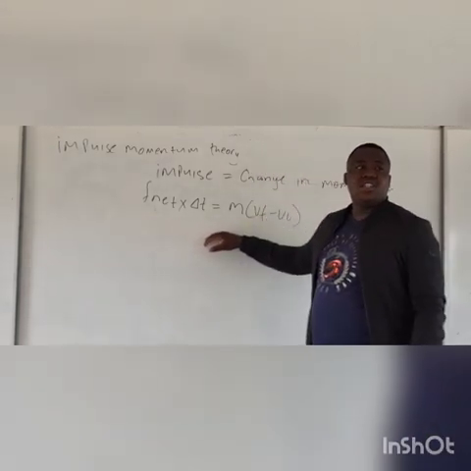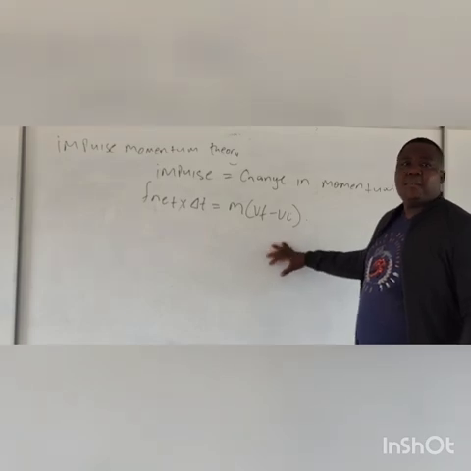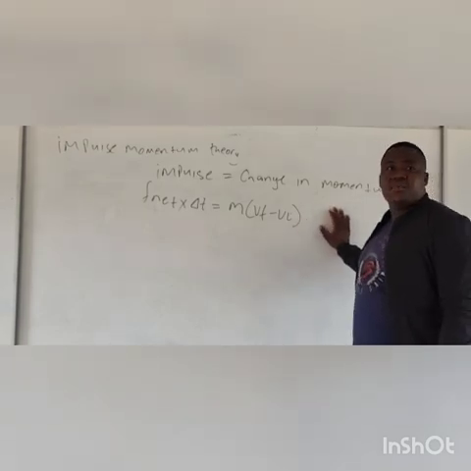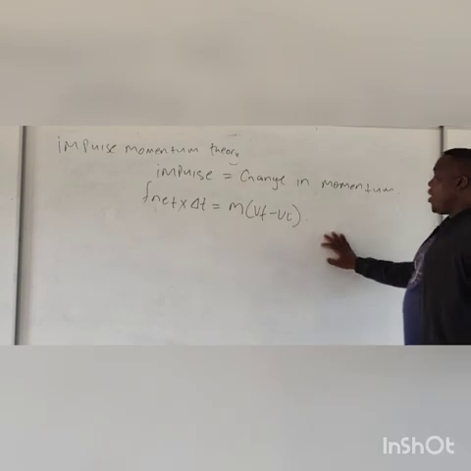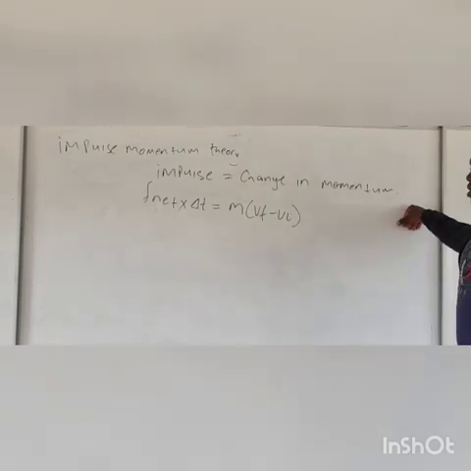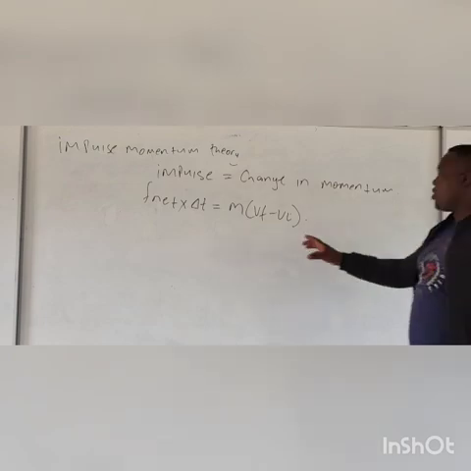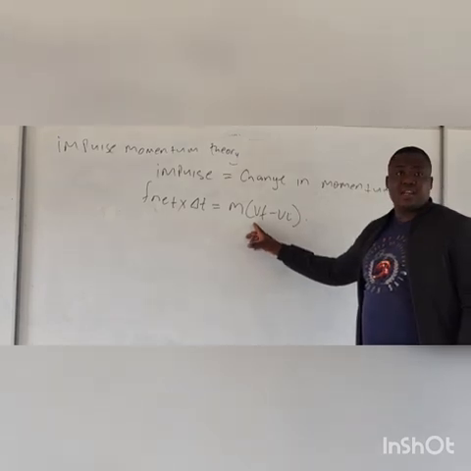Look, there are situations whereby we know the change in momentum of an object, or we are requested to calculate the final velocity when we are given the impulse. We can calculate the final velocity when we are given the impulse, right?